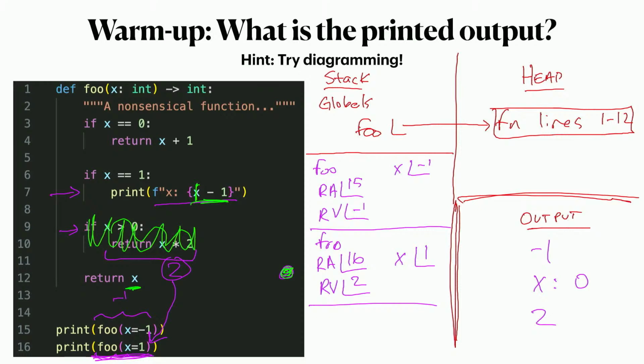We could have done 1 minus 1 if we wanted to. We could have just had x here, and it would have printed x as 1. So if I have f quote x colon, and then curly brace x, that would have printed x colon 1 here.